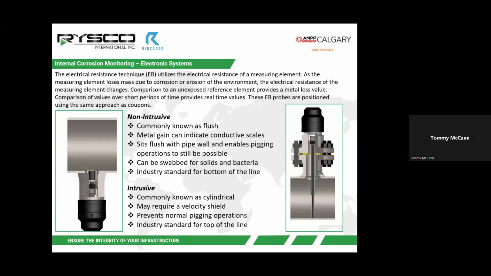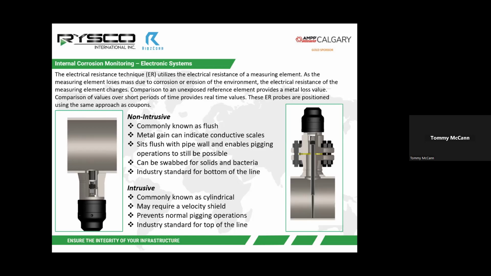You can see metal gain on these probes, and some people still see that as a weakness, but you can have conductive scale buildup on the element, because the element can't regrow once it has already begun to corrode.